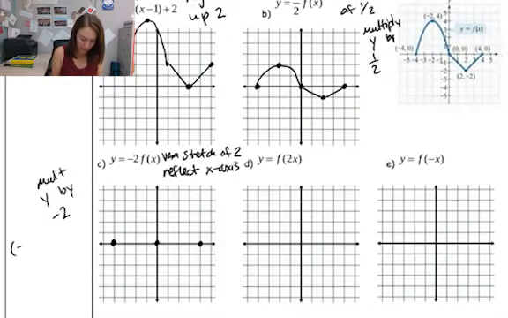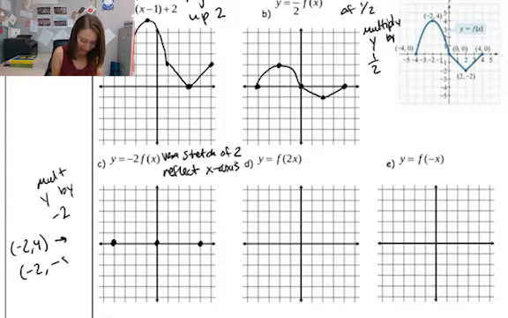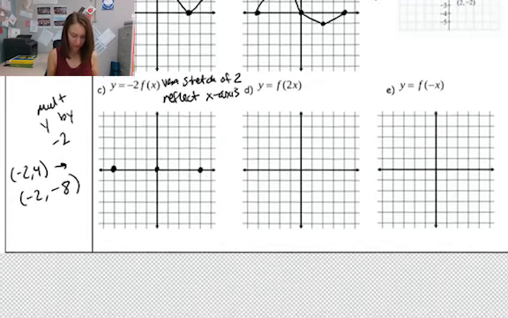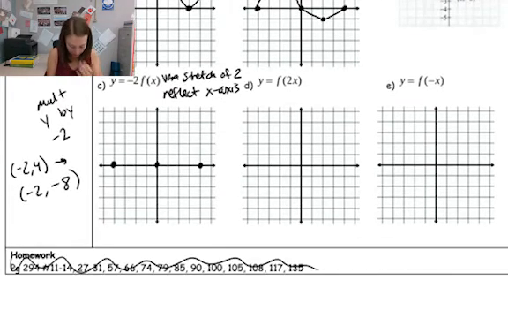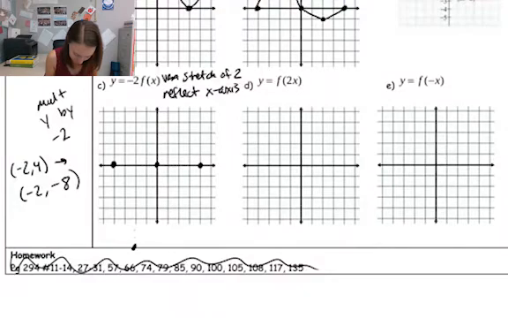Now, -2, 4 is going to become -2, -8. So that 4 gets multiplied by -2. I don't even think this is going to fit, but I'm going to do my best. 1, 2, 3, 4, 5, 6, 7, 8. Sure. This is going to be -2, -8.